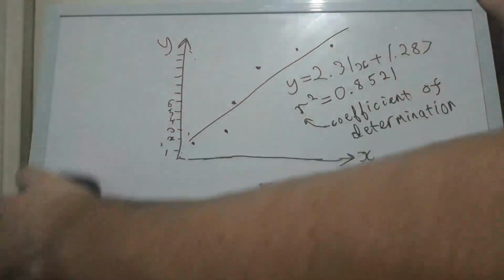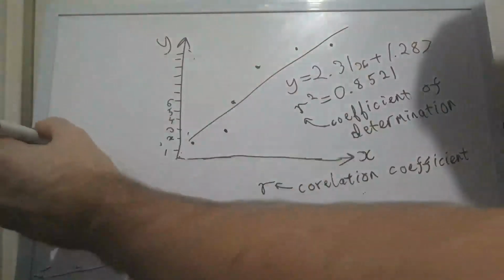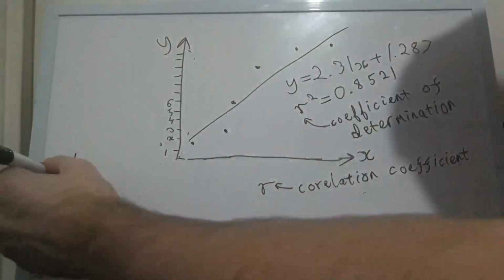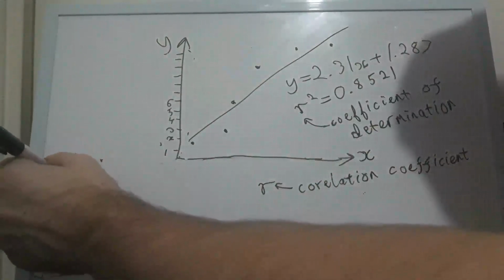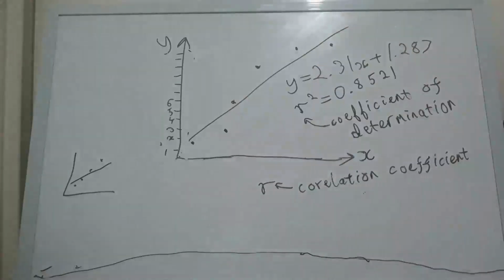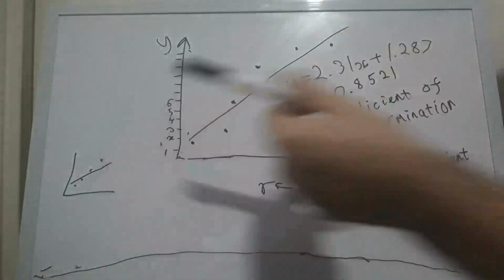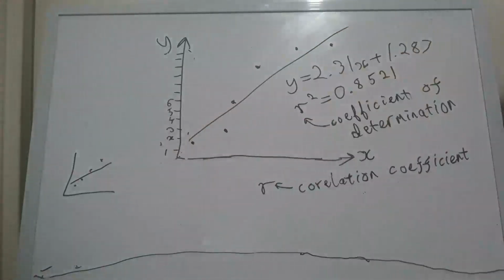Now, for the record, if let's say you have a data set doing this, and you draw a line like that, the r-squared value for that line will not be 1, because it does not match the data correctly. Of course, your calculator will try to get you a line which has an r-squared value as close to 1 as possible.